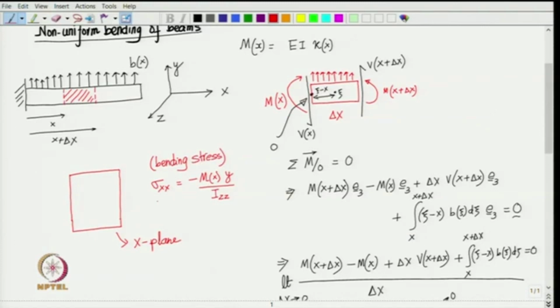The other traction components are tau xy and tau xz. Now, see, in this case we have shear force also in the beam, and that is along the y direction. So, V of x, the shear force, is in the y direction. If tau xy is 0 in the cross section, what is tau xy?